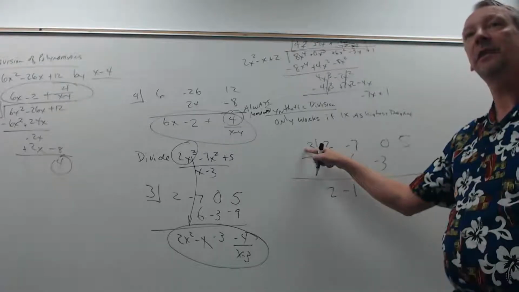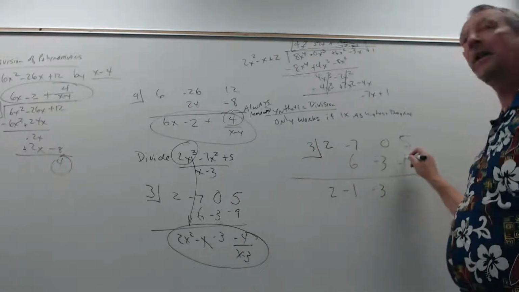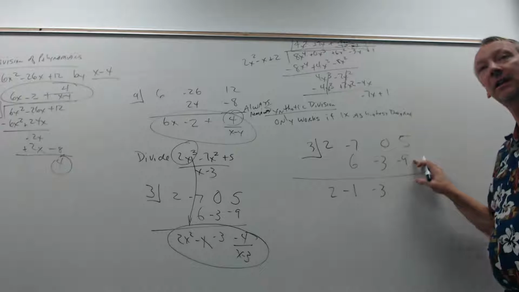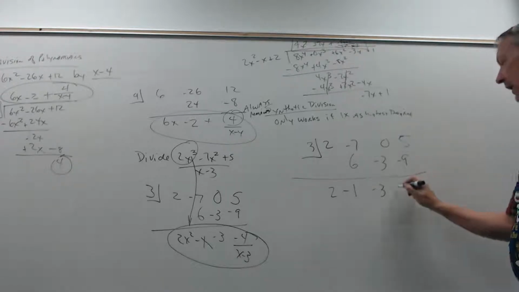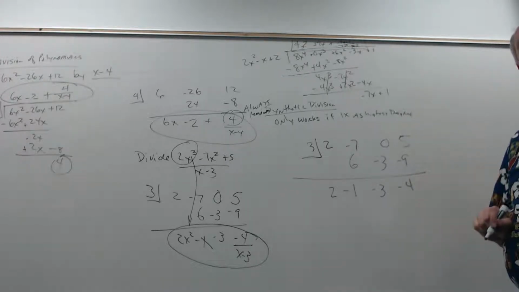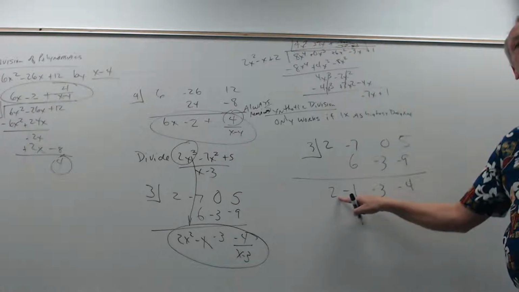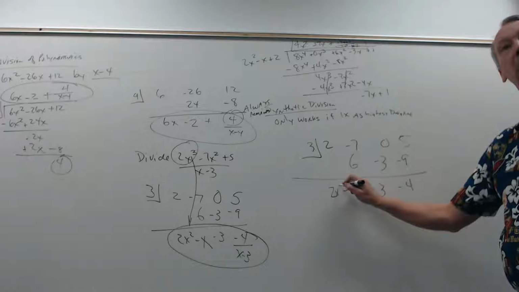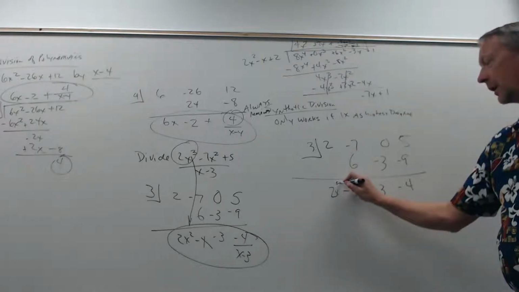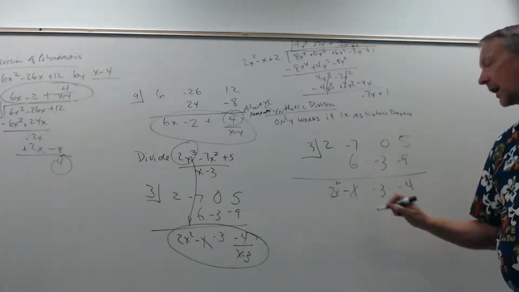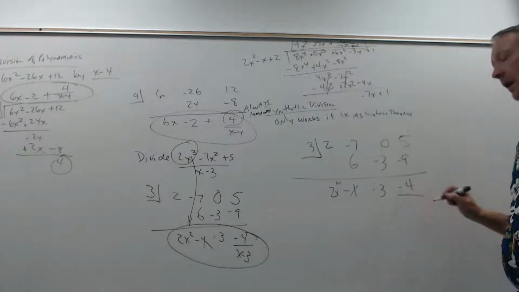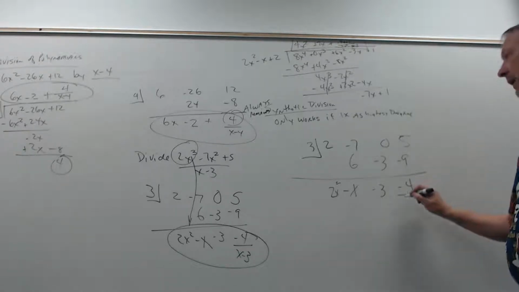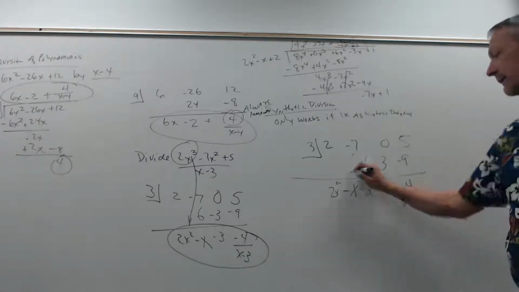Negative 3 times 3, negative 9. 5 minus 9, negative 4. Okay, this represents the degree there. 2x squared minus x minus 3, and this over x minus 3.